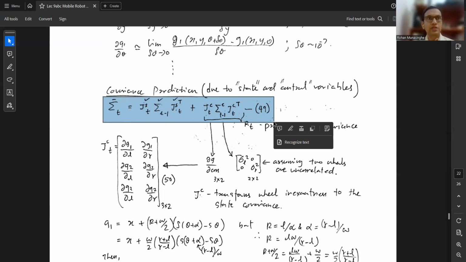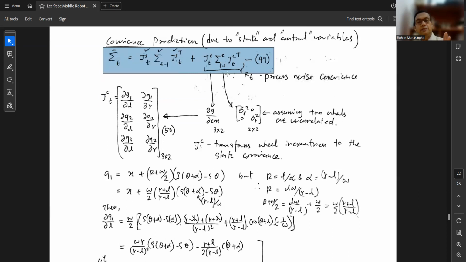So again we use the same vehicle model and now differentiate it with respect to the control variables. What are the control variables? L and R, left wheel, right wheel, if it is a two-wheel or differentially driven system. If you had a different mobile platform, you have to use those equations and figure out how many controls there are.